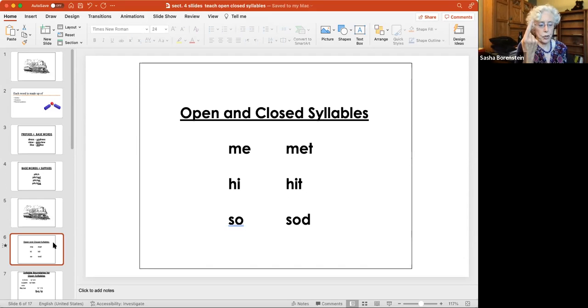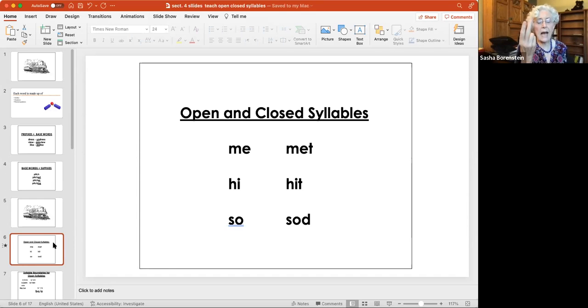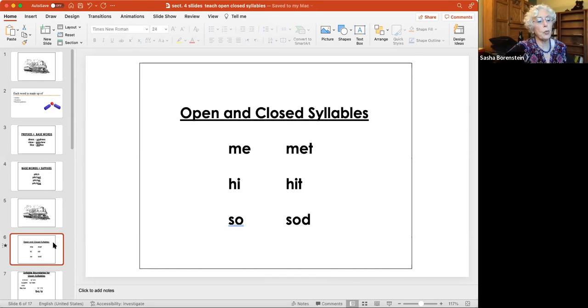And when the vowel is in the middle, what does it say? It says its sound, not its name. Exactly. And what type of vowel is in both of them? Is it a single vowel or a digraph? Single vowel. Okay. And so I would have you write that in your word study notebook. Okay. Thank you, Isla.